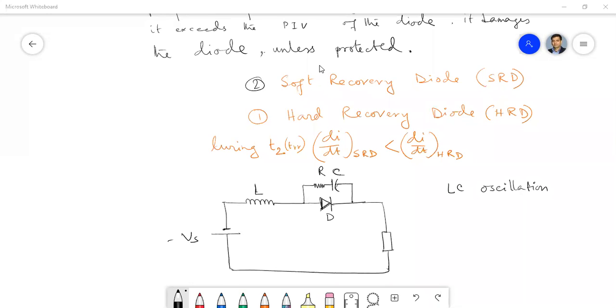Reverse bias is an internal phenomenon, or both the reverse and forward bias, because the reverse bias and forward bias is determined mainly by the carrier concentration, minority carrier concentration or distribution along the length of the device.